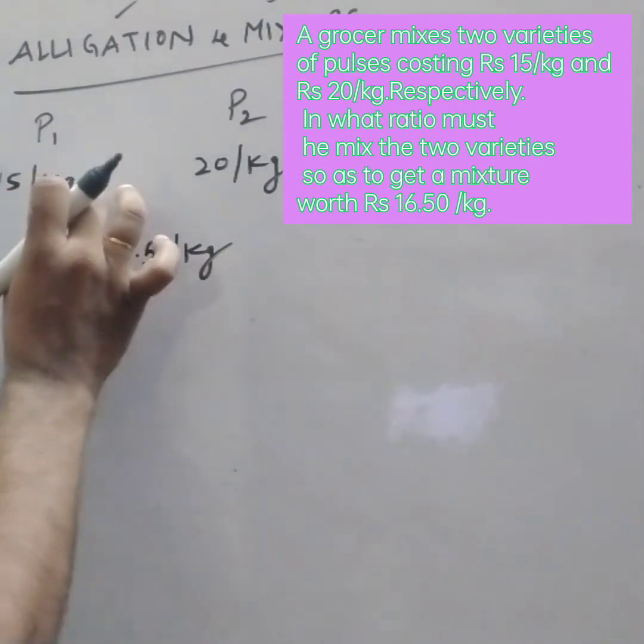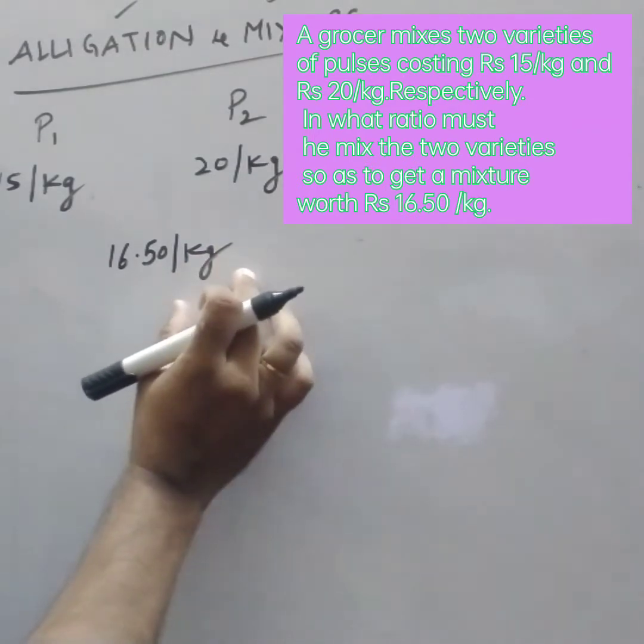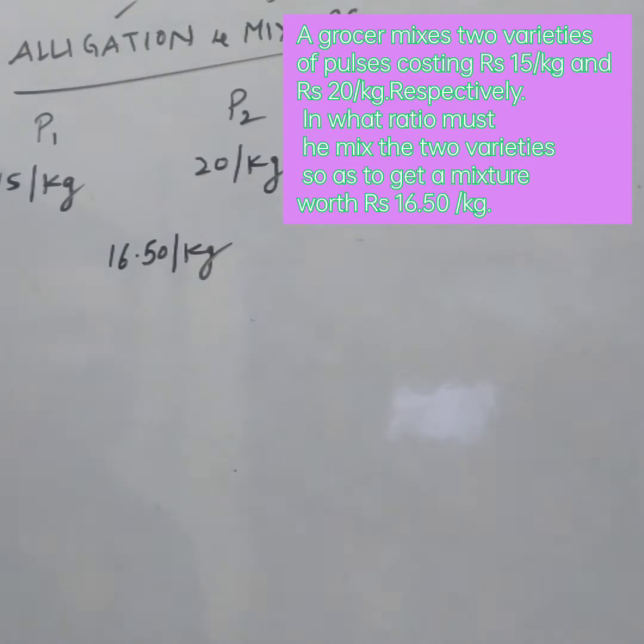So this is one type of pulse, this is another type of pulse, and this is the mixture. That means two pulses together we are selling per kg. So in what ratio we have to mix? This is called alligation and mixture. It is purely related to a business topic.